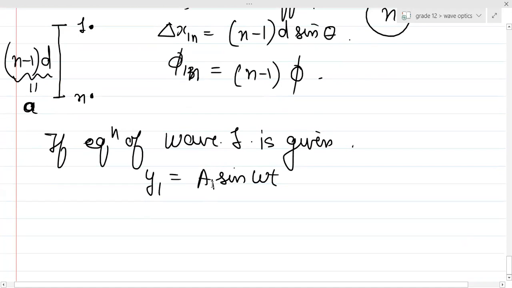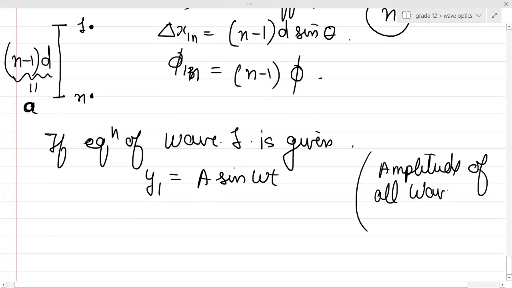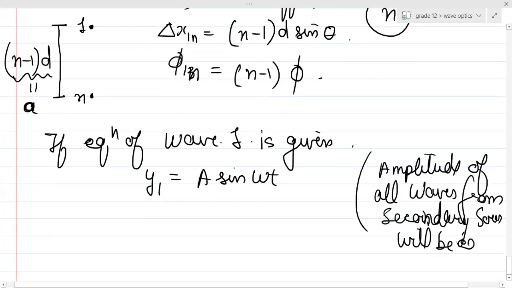Since they all are from the same source, can I say the amplitude is the same? The amplitude of all waves from the secondary sources will be equal. Will they be equal? Because it is the same source, same wavefront, everything is the same, right?